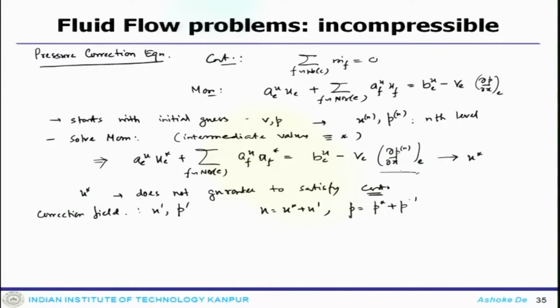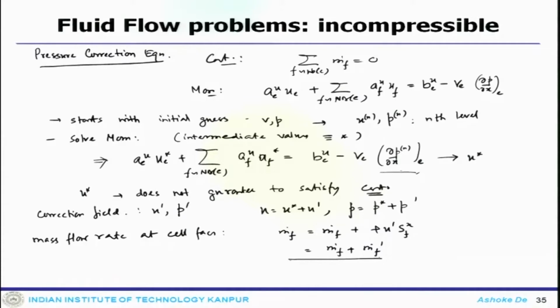Now, if you calculate the mass flow rate at cell faces, it will be corrected like m dot f equals m dot f star plus rho u prime Sf, which is m dot f plus m dot f correction. So, the mass flow rate is also to be corrected.